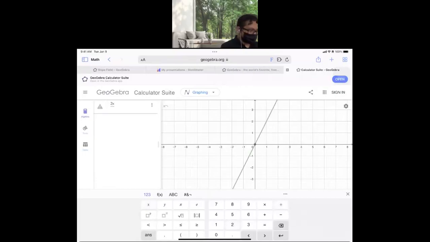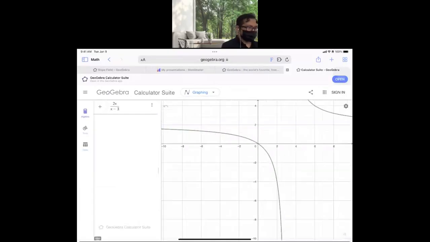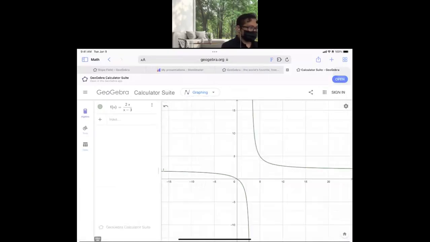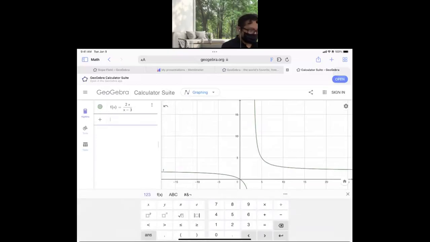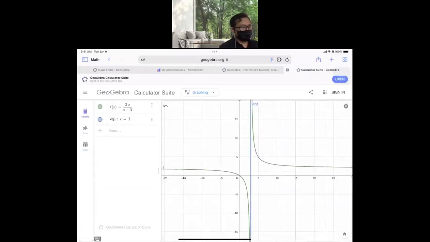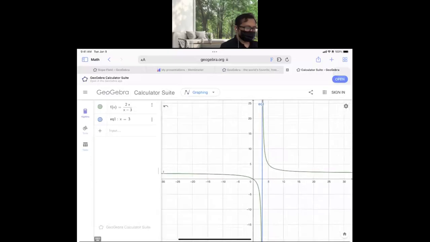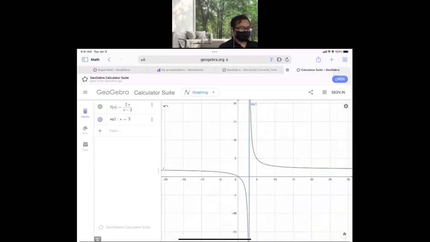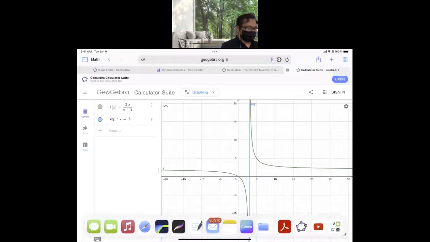Yeah, this is the graph, and if we check, sorry, x equal 3. Yeah, this is more reasonable. Okay.